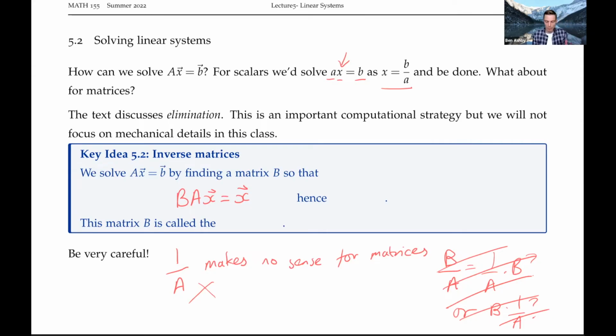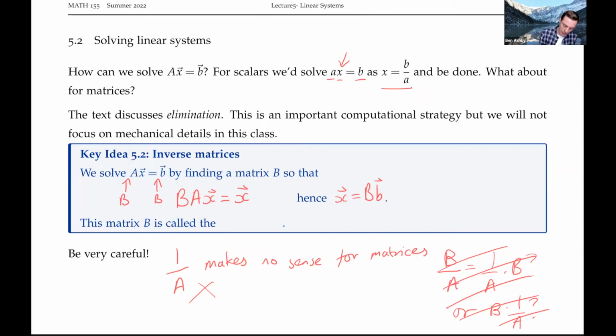And because of this, if we multiply the left-hand side of the equation by B, we need to do exactly the same to the right-hand side of the equation. So we multiply little b by capital B. This then gives us x is equal to capital B times little b. In other words, we've multiplied here by B and here by B. And because BA times x is equal to x, we just end up with x is equal to B times b. So that's a matrix B times a vector little b.